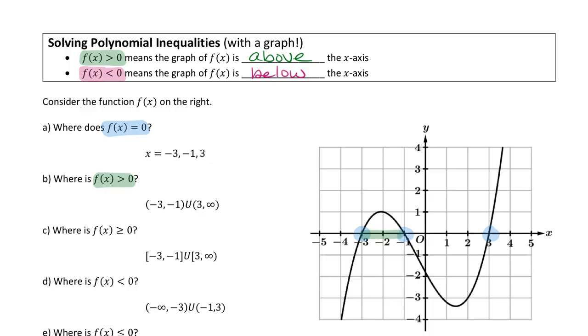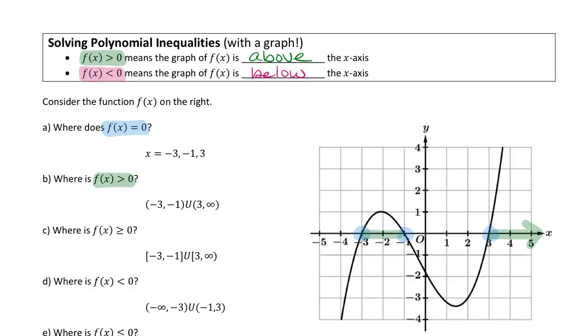That's the first interval where the outputs are positive. Is there another interval where the outputs are positive? 3 up. Instead of saying 3 up, because I get what you mean, 3 to infinity, because we're looking at the x values. So from 3 all the way off this number line, headed to infinity. Yes, theoretically up, but off, because we're getting the x values. That's the other place where the graph would be positive.